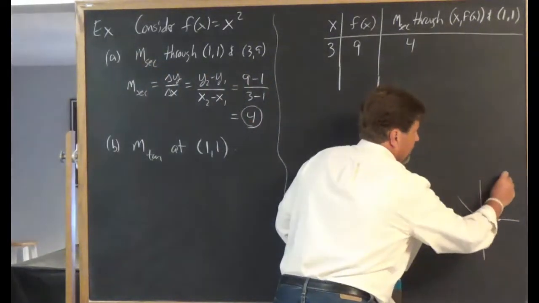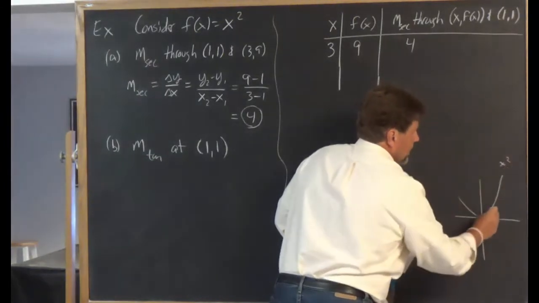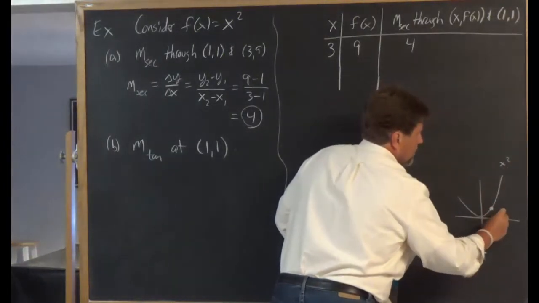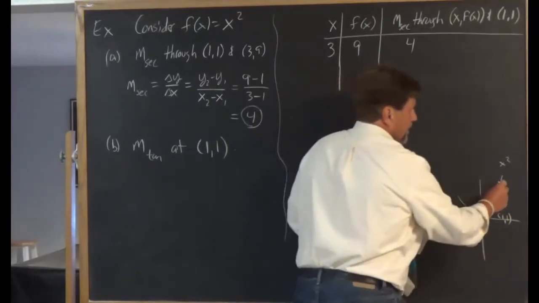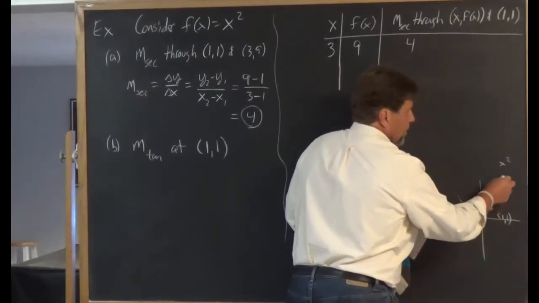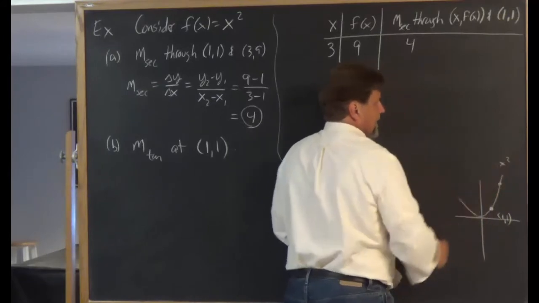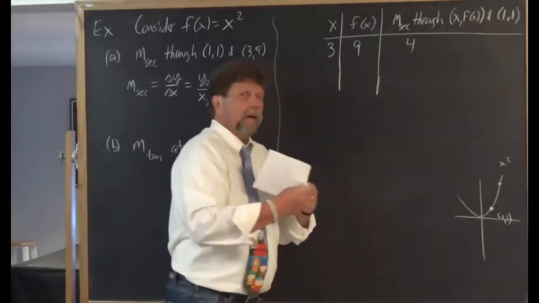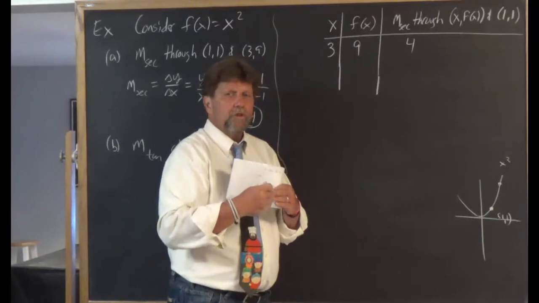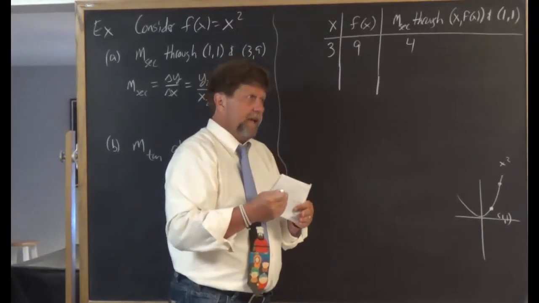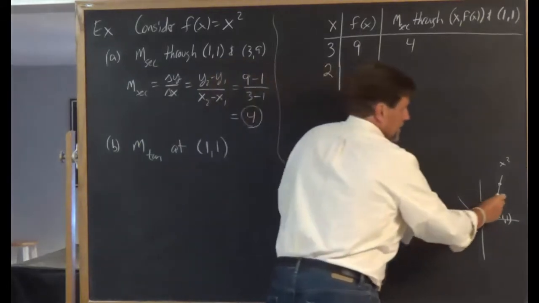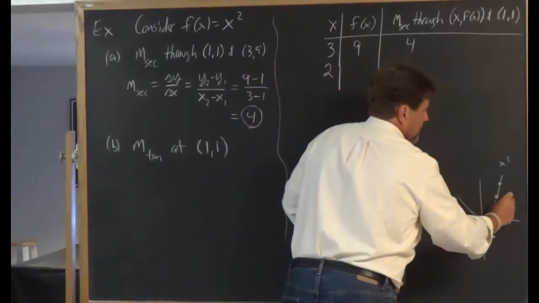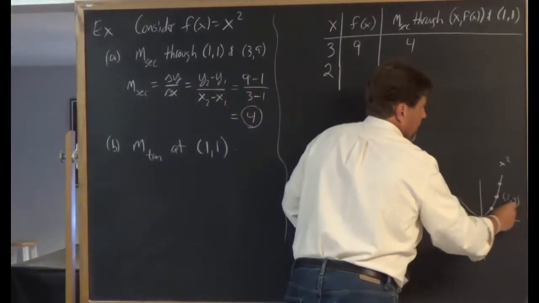Here was the graph of x squared. And here's that point (1, 1) that we're trying to get the tangent line slope at. Here's (3, 9). We just found the slope of that secant line. I'm going to pick a point that's even closer to (1, 1). Let's go to an x value of 2. That'd be the point (2, 4).